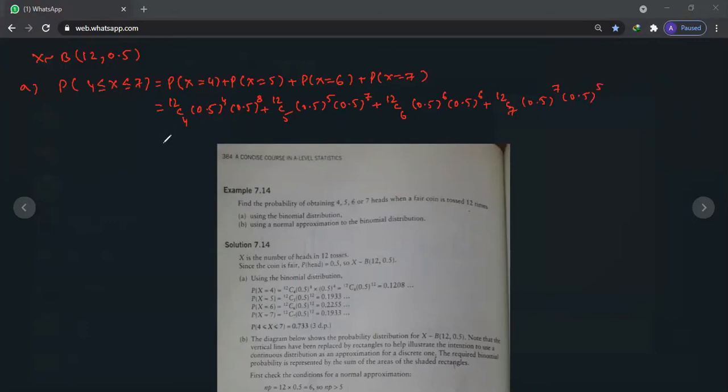The final answer is 0.733 up to 2 decimal places.